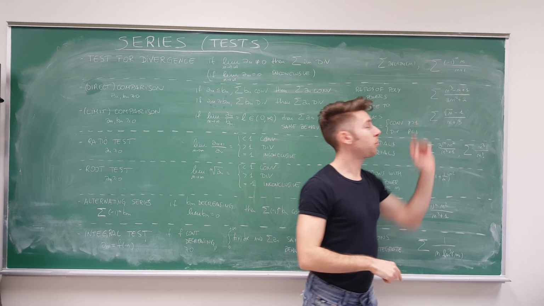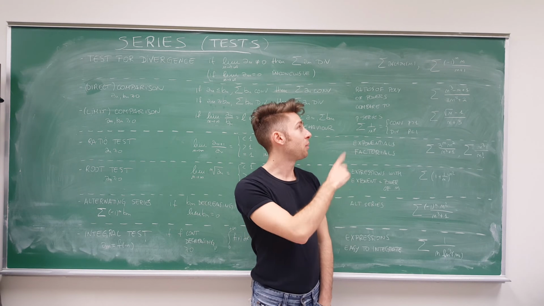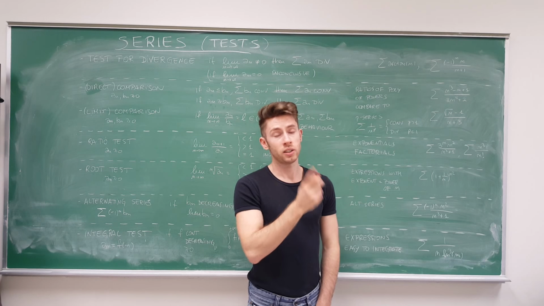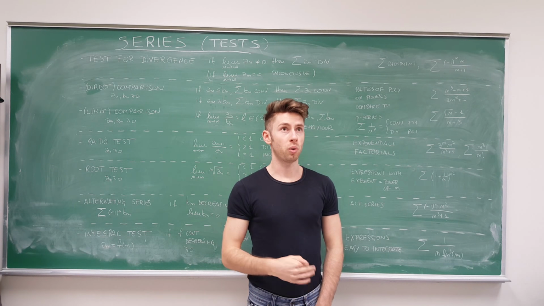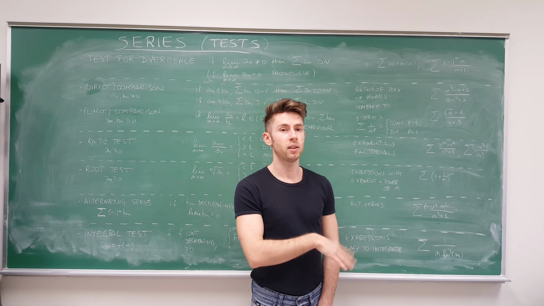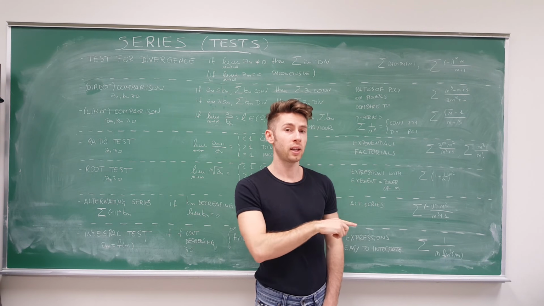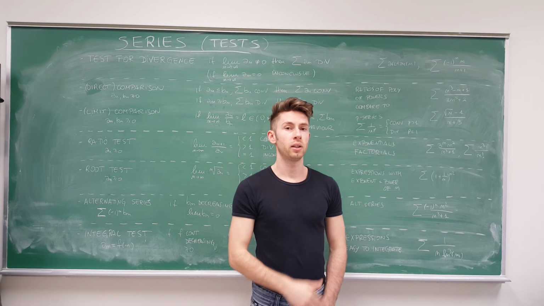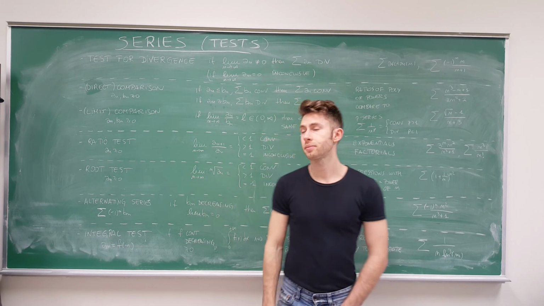Because n over n plus 1 approaches 1 as n goes to infinity, and multiplied by this (-1)^n makes it switch and oscillate between negative 1 and 1. A rigorous argument would require subsequences, but this is enough for us here. So since there's not a unique limit and this sequence keeps oscillating, then the limit doesn't exist. In particular, it's not 0. Therefore, the series is divergent by the test for divergence.